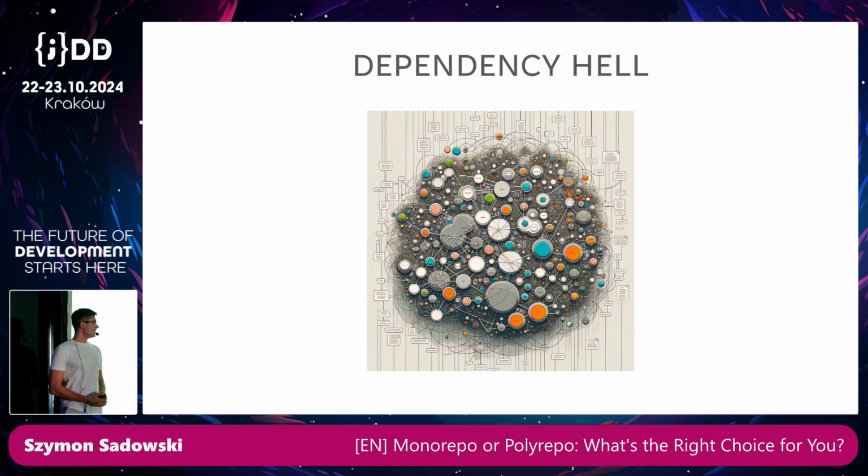Dependency hell is a situation like this. So I have something that a lot of us might be familiar with, a bunch of cables intertwined together. So this is exactly this, right? Dependency hell. We have a convoluted mess of things which you cannot take out easily, any of those. You cannot replace any of those.